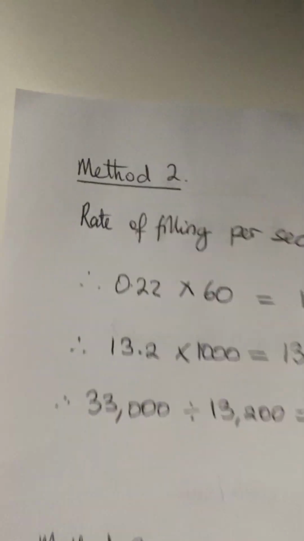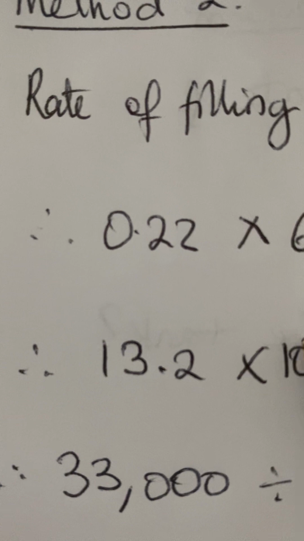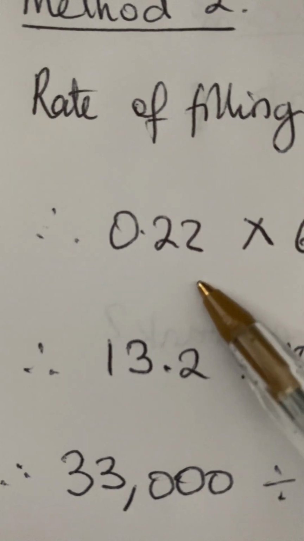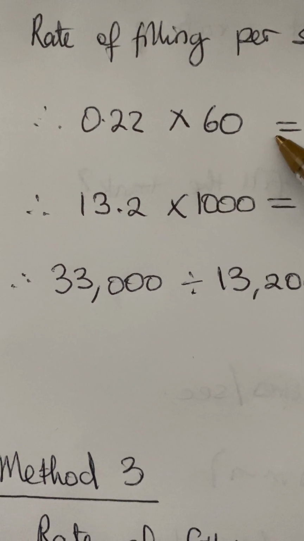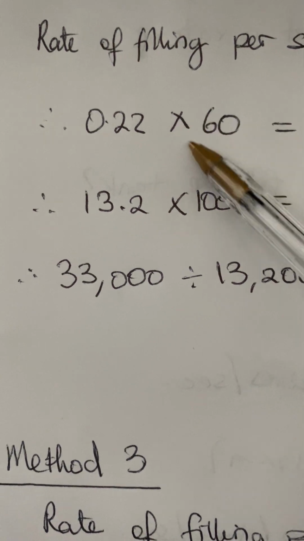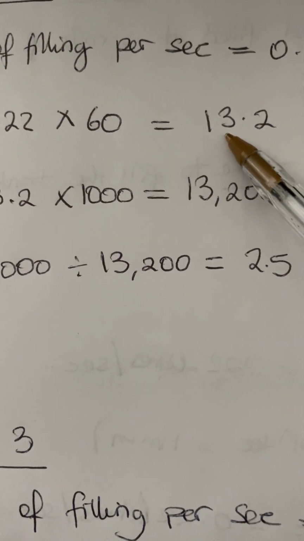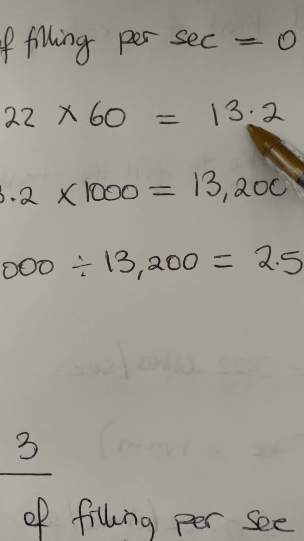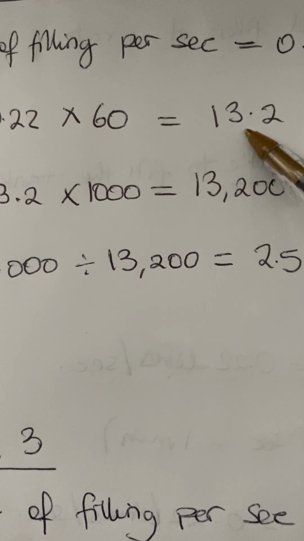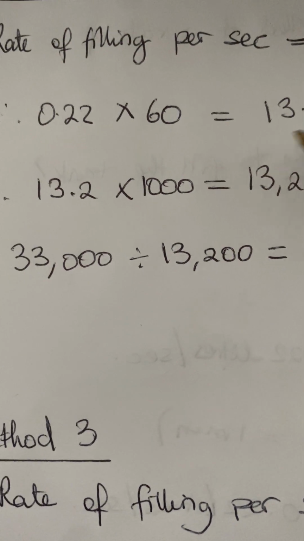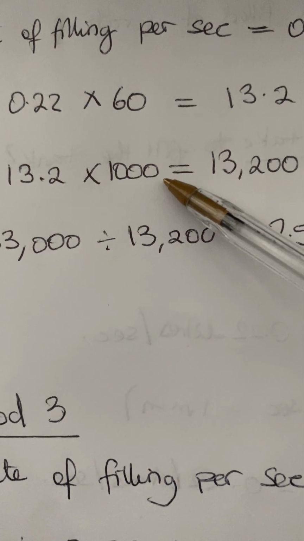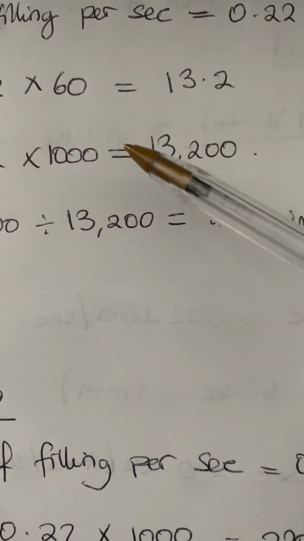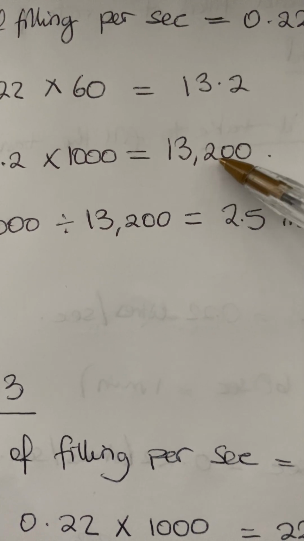That gives 2.5 minutes. Now the second method I can think of: you are filling at 0.22 liters per second. If you multiply that by 60, then in a minute you are going to get 13.2 liters. Times 1,000, because you have 33 liters to go, it will give you 13,200.